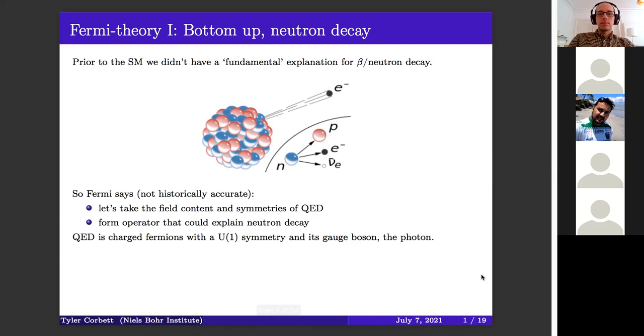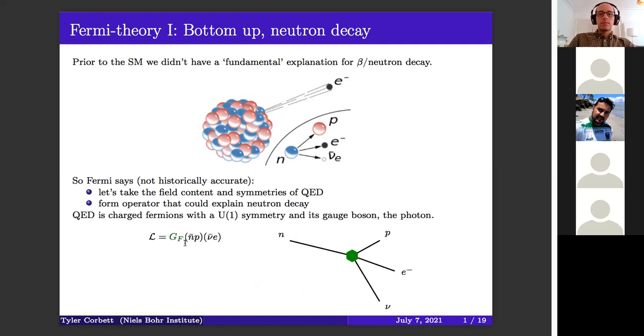So in a very non-historically accurate manner, I can describe Fermi's solution as, he says, let's take the field content and the symmetries of the model we do know, which in the day was quantum electrodynamics, and we're going to form an operator that could explain neutron decay. So that field content is the photon and the fermions and the U1 symmetry of QED.